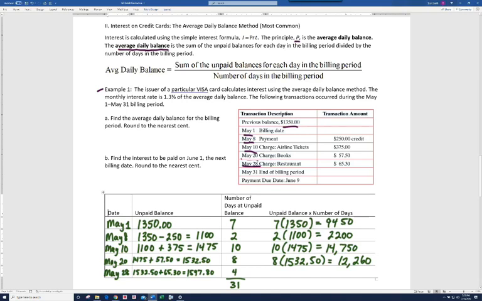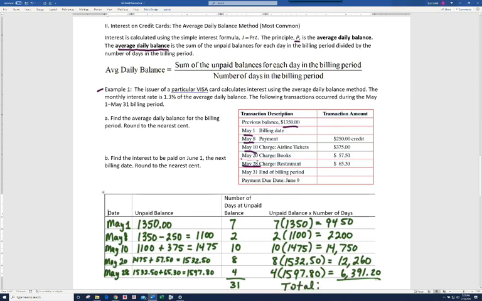If you multiply 8 times 1532.50, you'll get 12,260. And finally, 4 days times $1,597.80 gives us $6,391.20. So again, if you had added up all the numbers for 31 days, you would get the sum of these numbers.